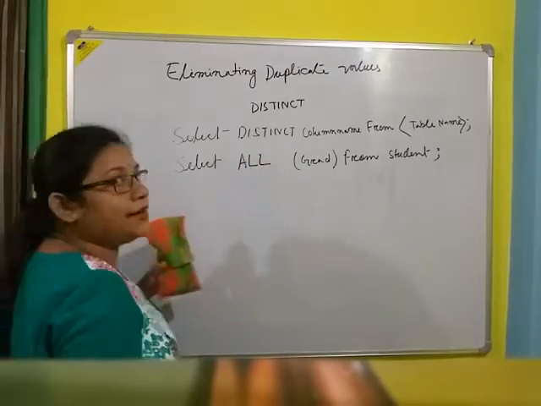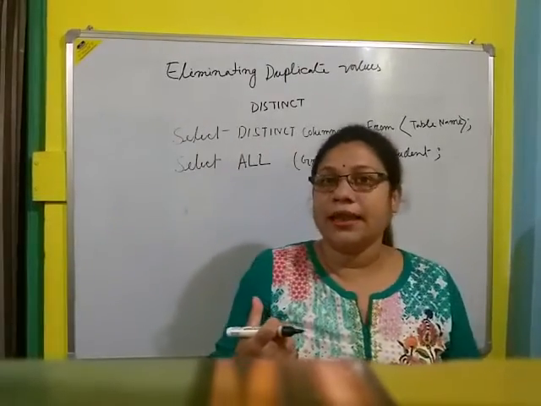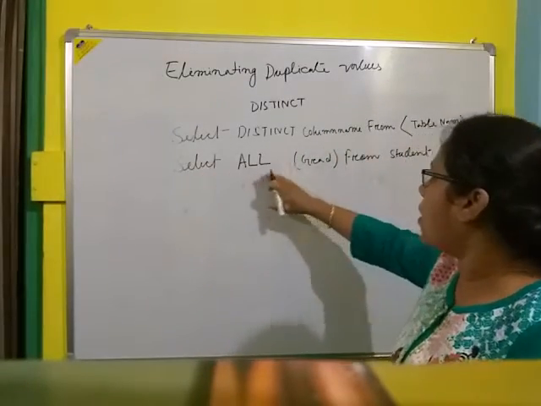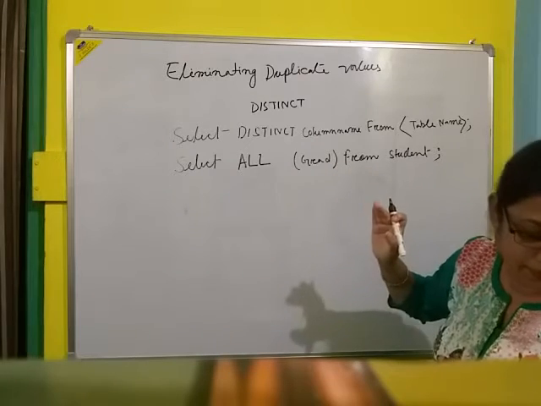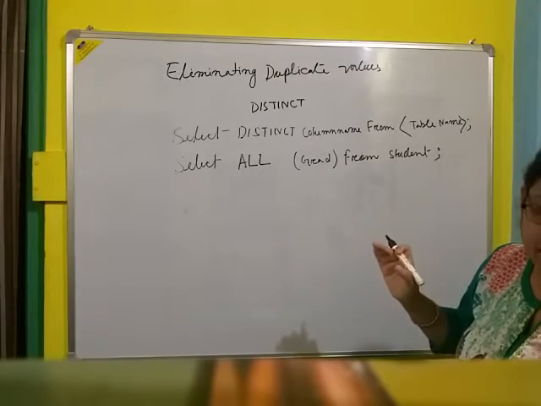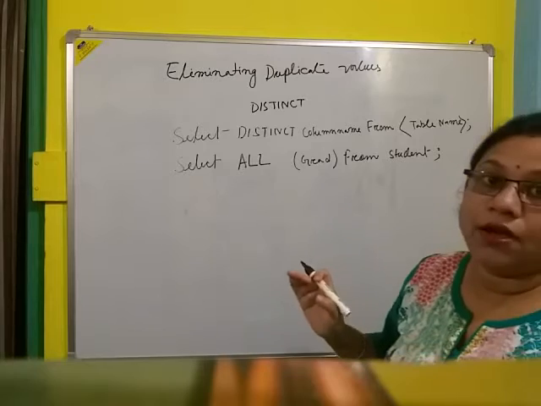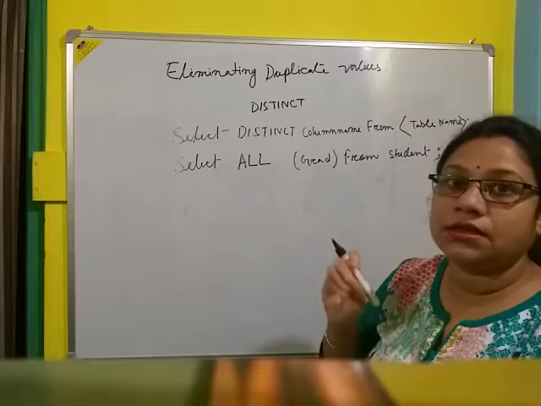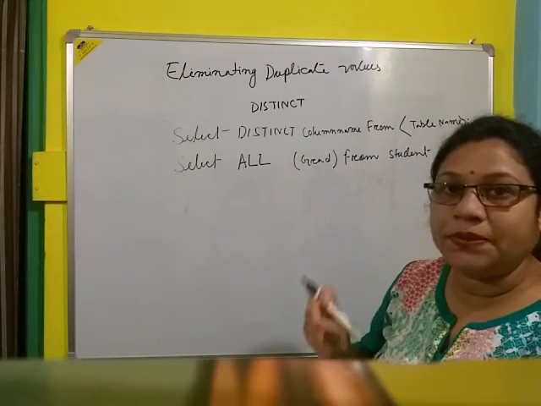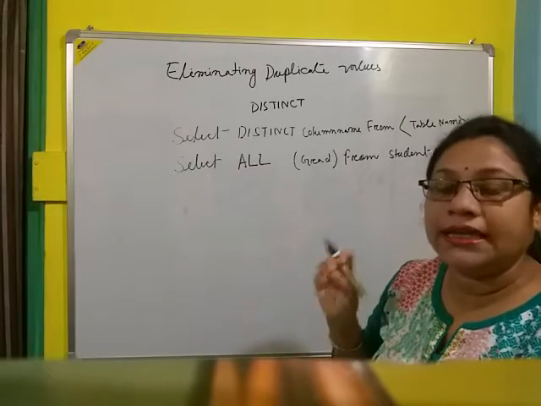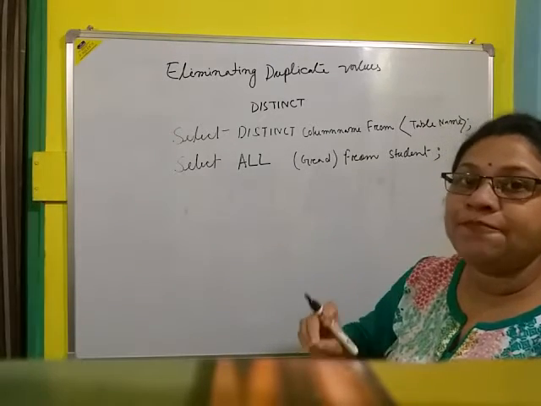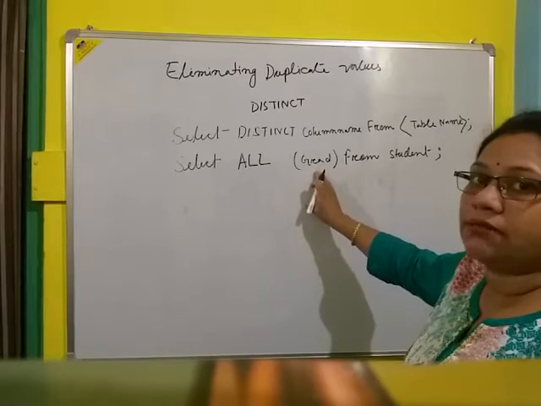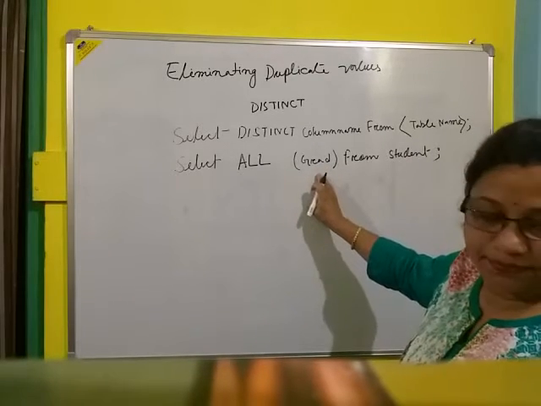If you write the all keyword in this SQL statement, select all grade from student, what will happen? It will display all the row values. That means it will not eliminate the duplicate values of the column. Instead, it will display all the data values that are present in this particular field or column name.